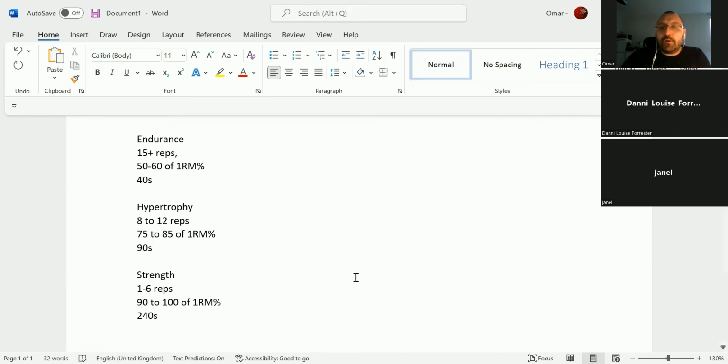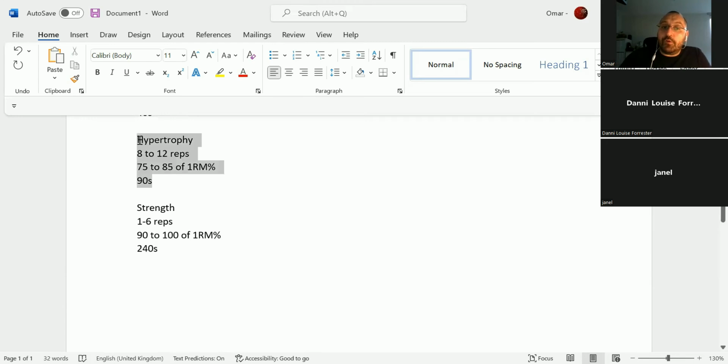So if somebody is training for hypertrophy on their biceps because they want big biceps, then I will say to them, okay, no worries, give me 10 reps at 75% of 1 rep max. Yep. And take 90 seconds rest in between sets.